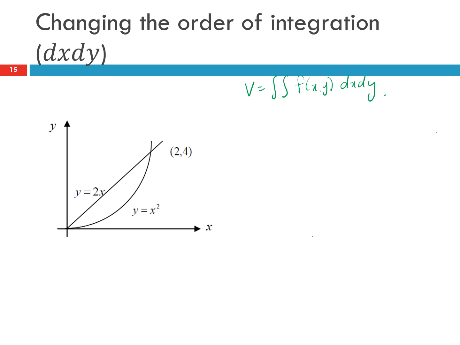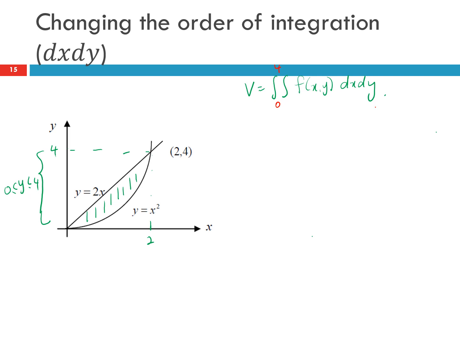The same region here, where you have here 2 and here is 4. Clearly we have here y is between 0 to 4. So we can put the limit for y is from 0 to 4.